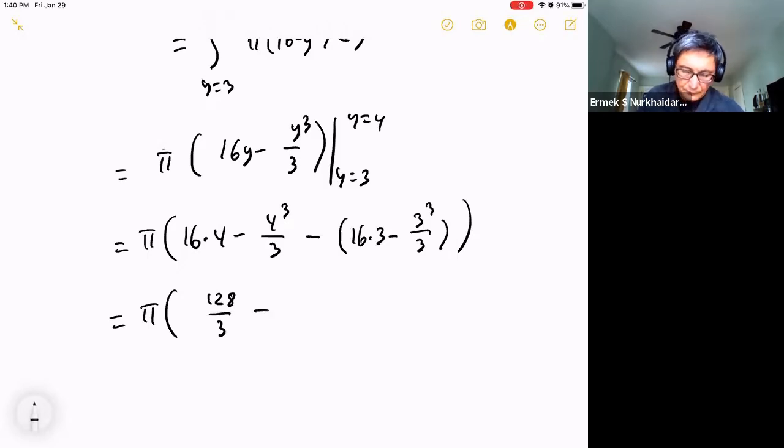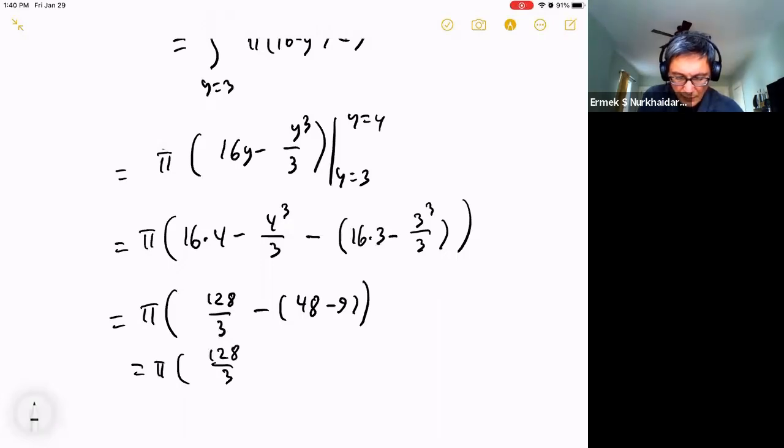Minus 16 times 3 is 48, 3 cubed over 3 is 9. And pi times 128 over 3. 48 minus 9 is 39. Minus 39. So we're going to get pi over 3 times (128 minus 39 times 3).